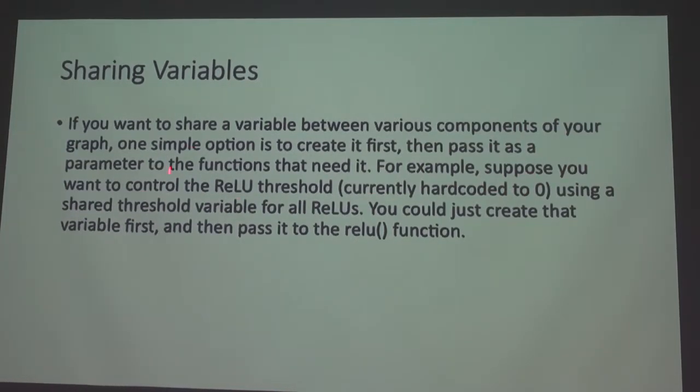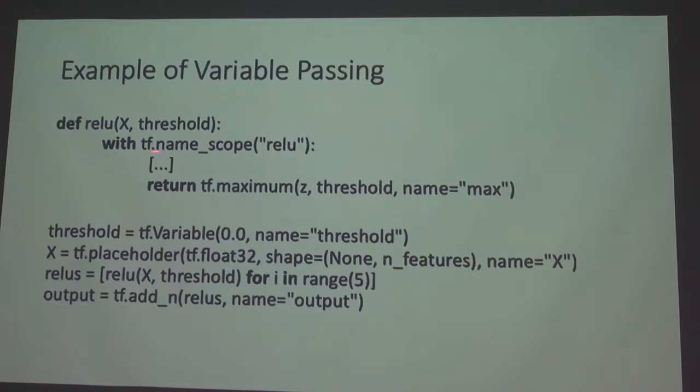So suppose you want to control the relu threshold. At this moment, as I said, it's hard coded to be 0. To use a shared threshold variable for all relus, you just create that variable first and then pass it to the relu function. This is a simple approach. Define relu with x and the threshold, and the rest is very simple.